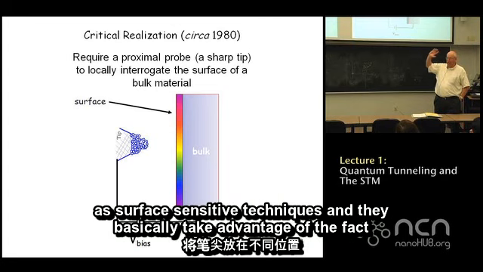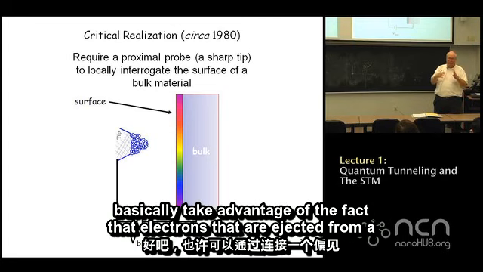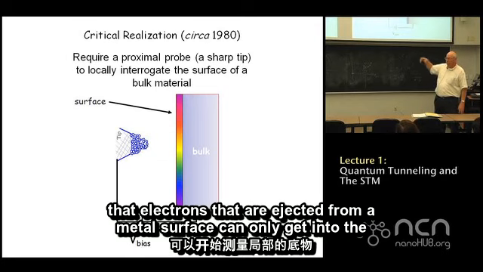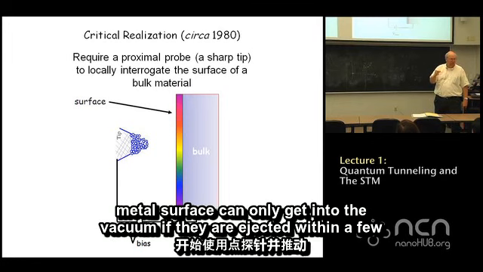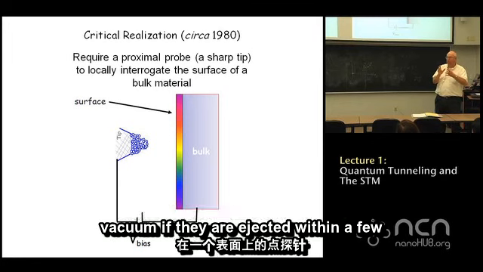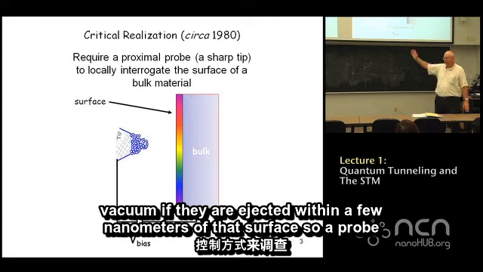And they basically take advantage of the fact that electrons that are ejected from a metal surface can only get into the vacuum if they are ejected within a few nanometers of that surface.